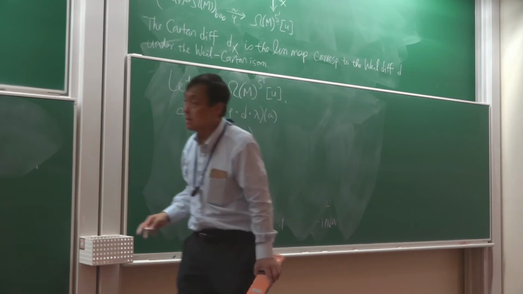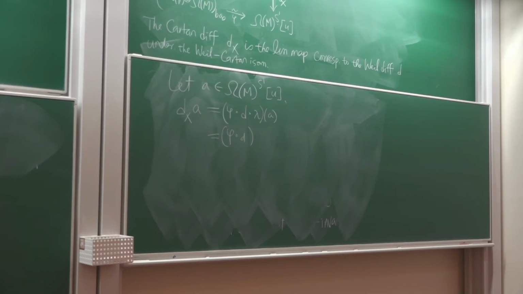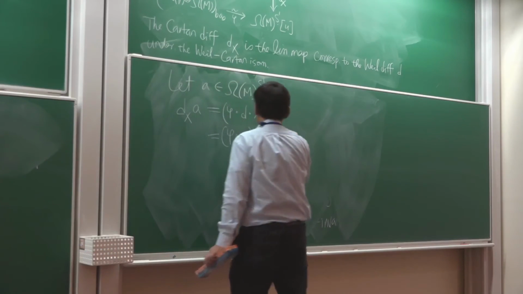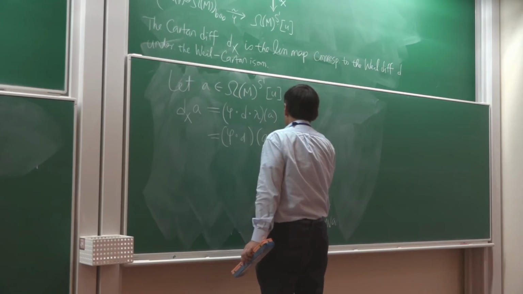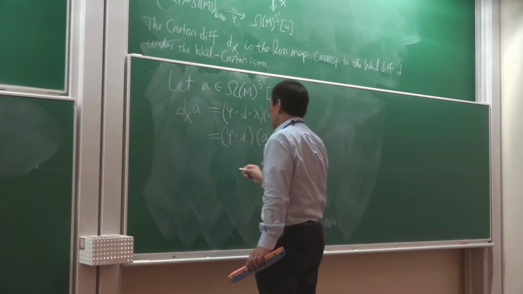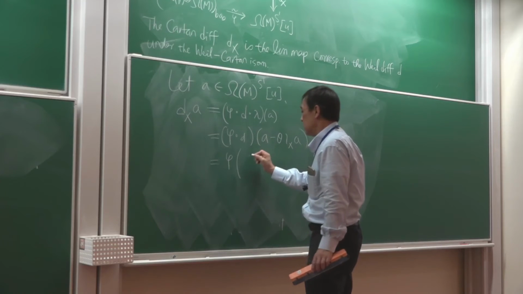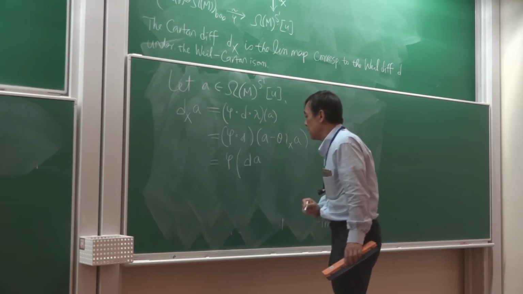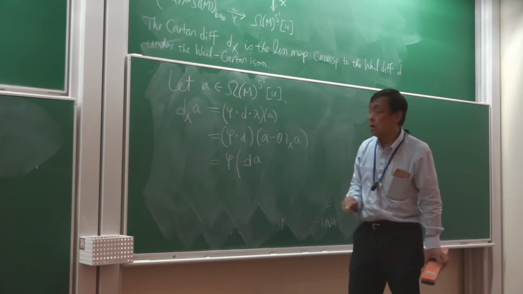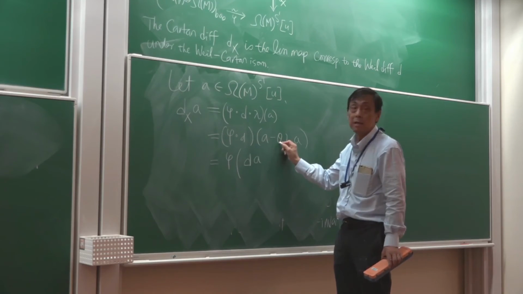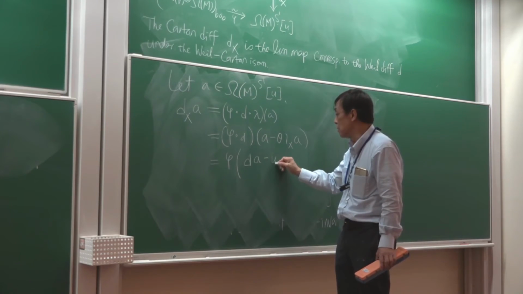Lambda takes A to A minus theta i_x A. And then D takes this to dA, and then D theta is U.